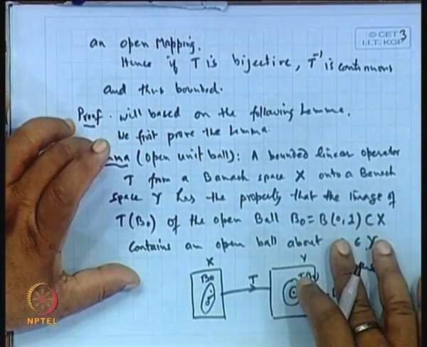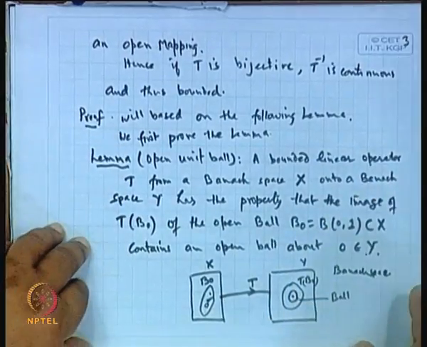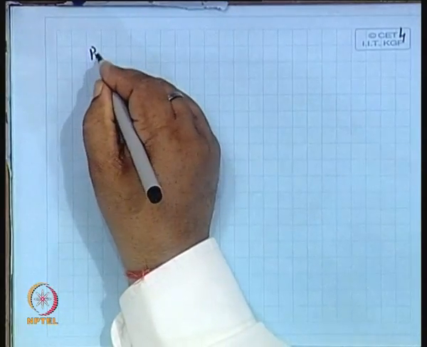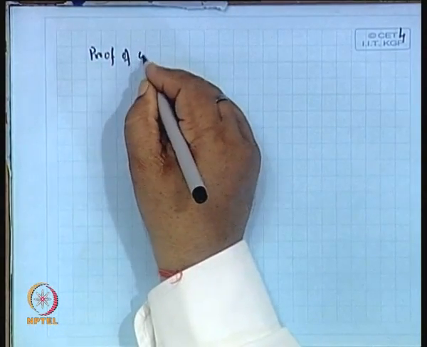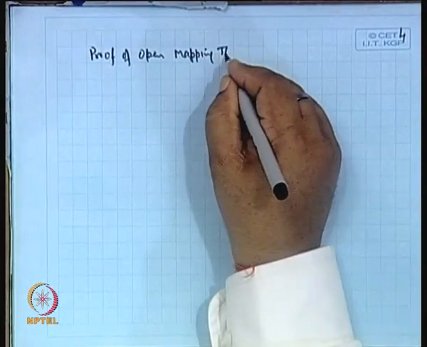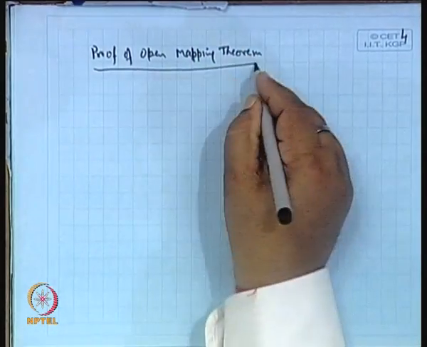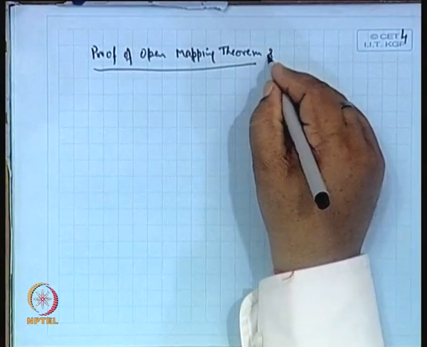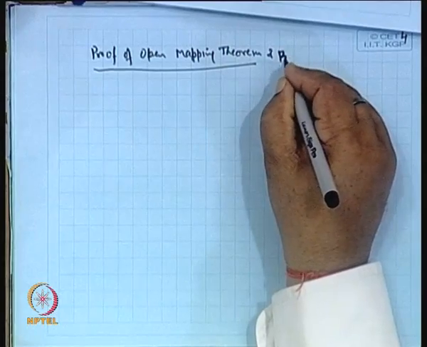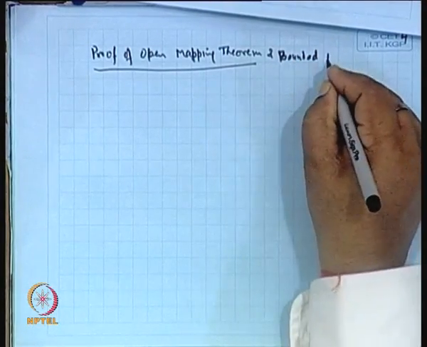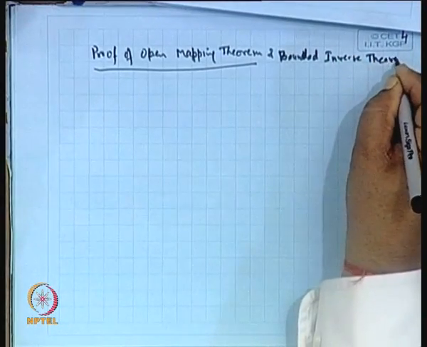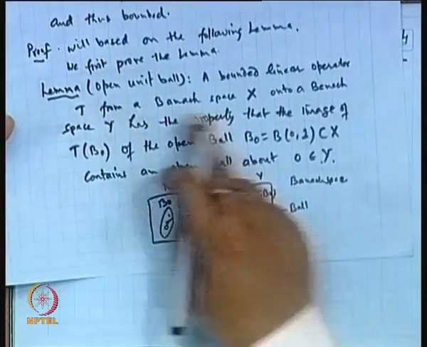The proof of the theorem goes like this. First, the proof of the open mapping theorem and the bounded inverse theorem, we will assume the lemma is true.